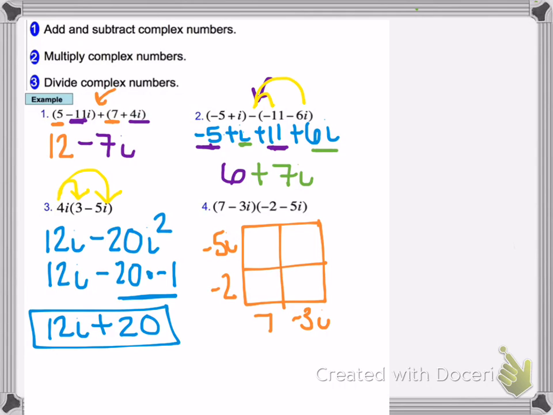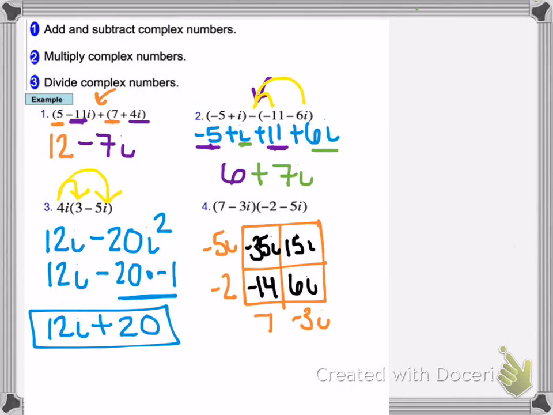All right, now I'm going to multiply them together to get the interior. So negative 2 times 7 is negative 14. 7 times negative 5i is negative 35i. Negative 2 times negative 3i is positive 6i. Negative 3 times negative 5 is a positive 15.